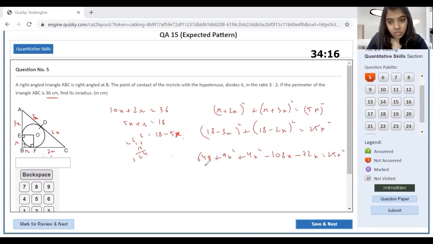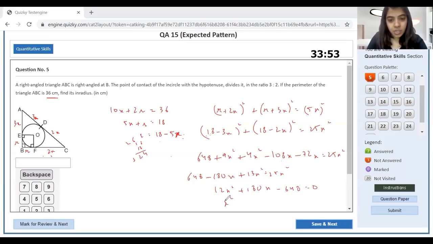Fine, let's see. 648 minus 108x minus 72x, that's 180x, plus 13x squared equals 25x squared. Let's see, 12x squared plus 180x minus 648 equals 0.